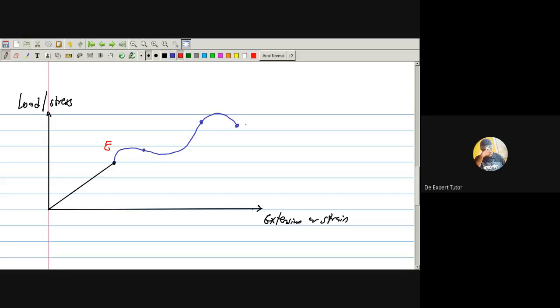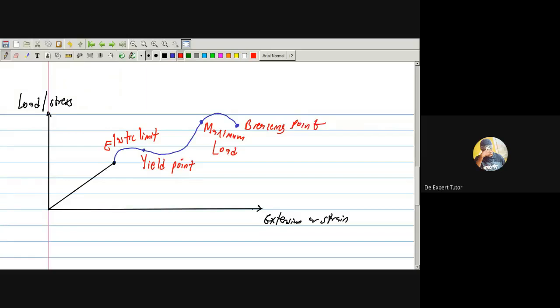This last point is called the breaking point. This is what we call maximum load. And this is what we call yield point. This is what we call the elastic limit.